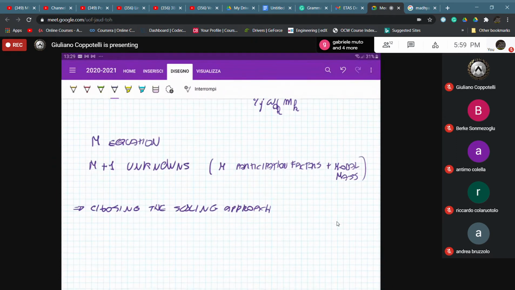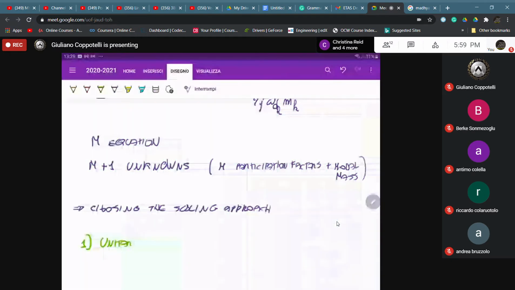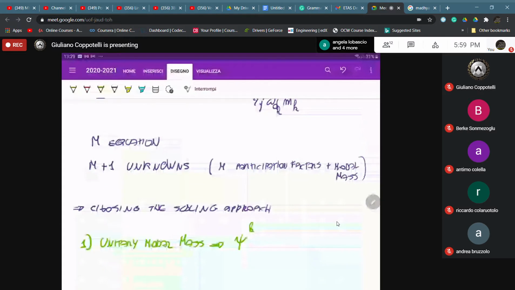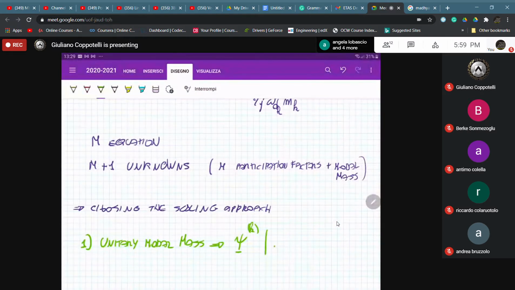So the first choice is unitary modal mass, and that means that we have to find your K mode, so that we are choosing mk equal to 1.